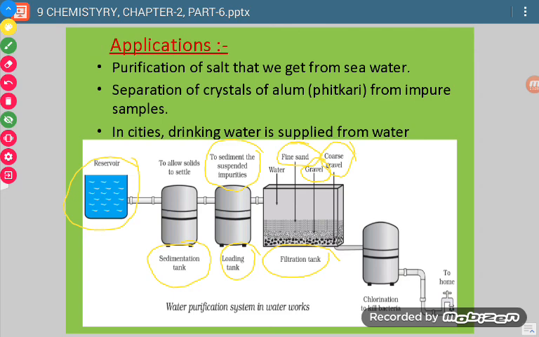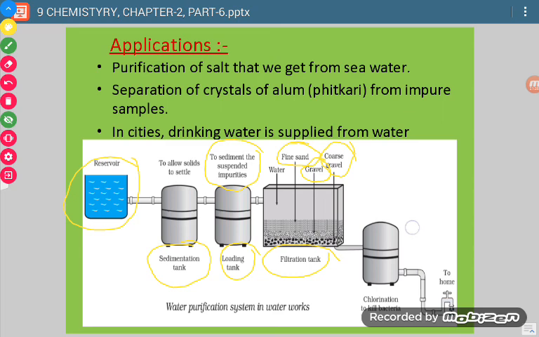So these three things are used in different layers. Water goes through these three layers, and whatever impurity is there gets stuck in the gravel or sand, and then water becomes free from suspended impurities and other impurities.